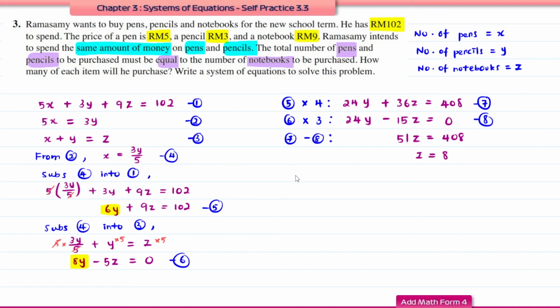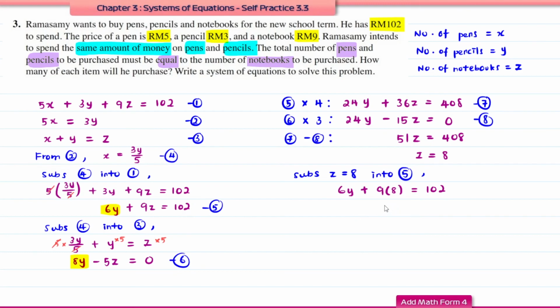Next, I'm going to substitute z, which is equal to 8, into equation number 5 in order to find the value of y. So 6y plus 9z, the z I'm going to replace with 8, equal to 102.